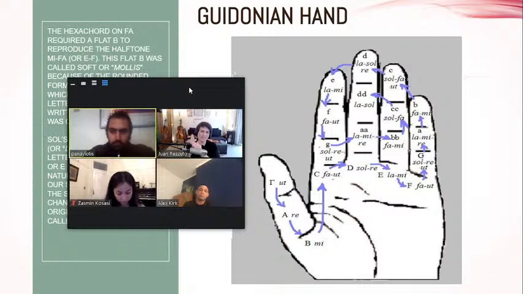When I say scale, I mean hexachord, sorry, my bad. Also the word gamme, in French, called scale, comes from there, gamma, because it was the beginning.